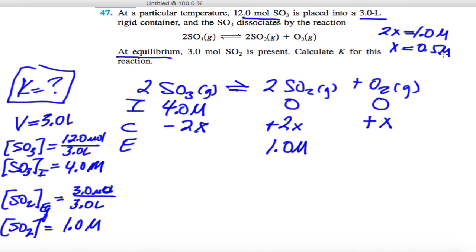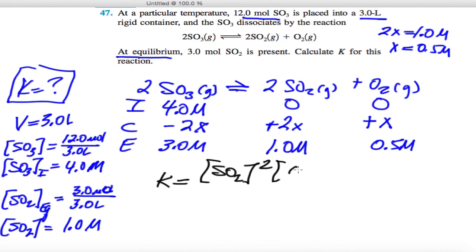Therefore, if this is 0.5 molar for x, 2 times that is going to give me 1. 4 minus 1 gives me 3 molar. Then over here, this is just going to be 0.5 molar. So now I figured out my value of concentrations at equilibrium by just knowing one of the values. So now I go ahead and plug into the equation.